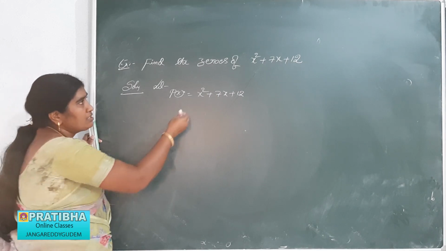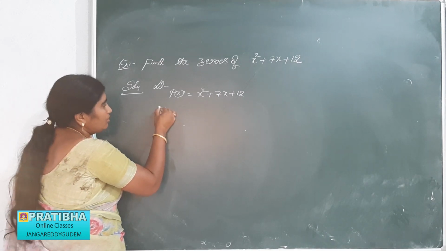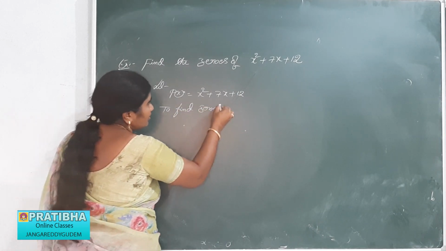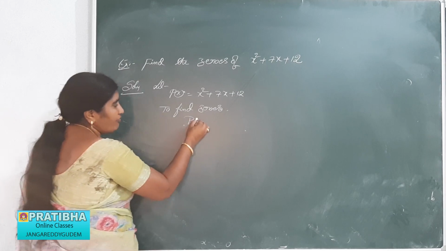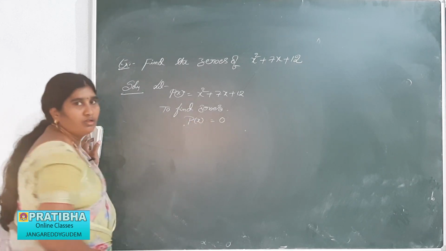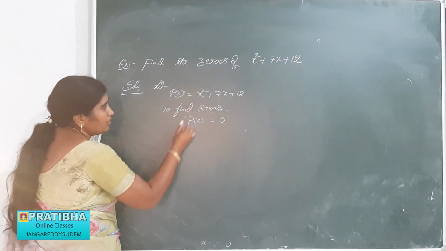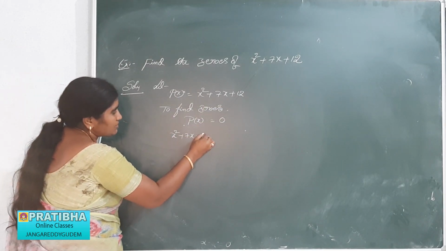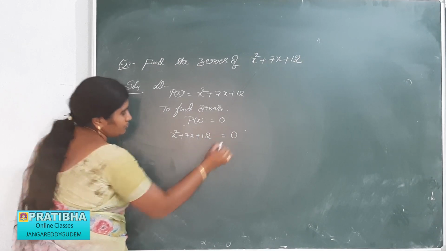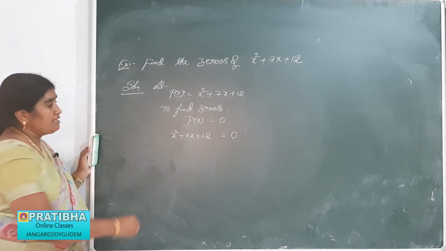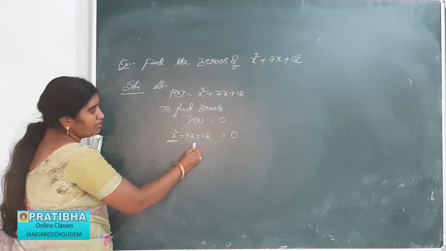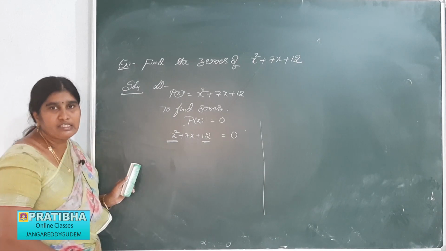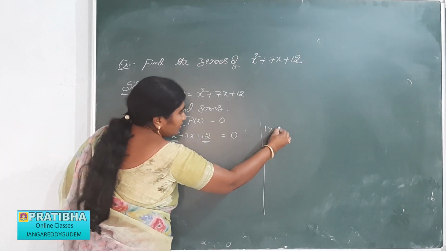To find the zeros, p of x equal to 0, so x square plus 7x plus 12 equal to 0. Here x square coefficient is 1, constant term is 12, 1 into 12 is 12.